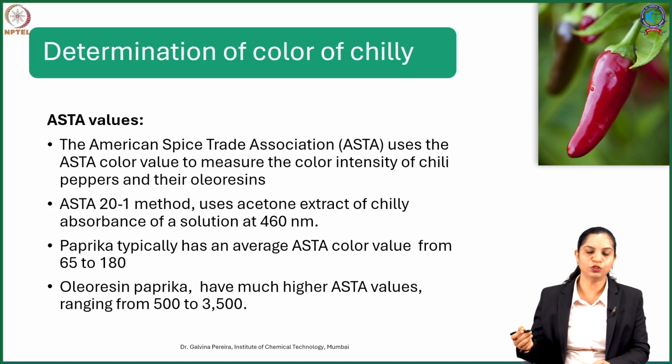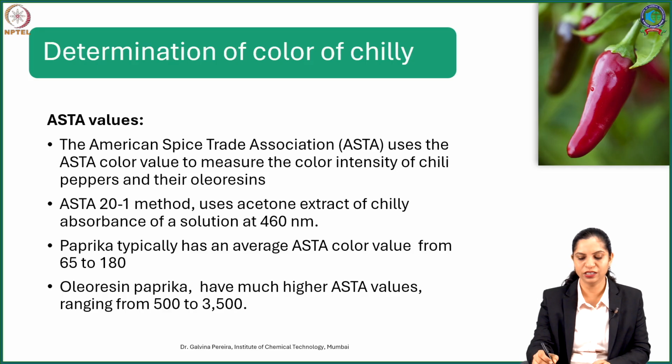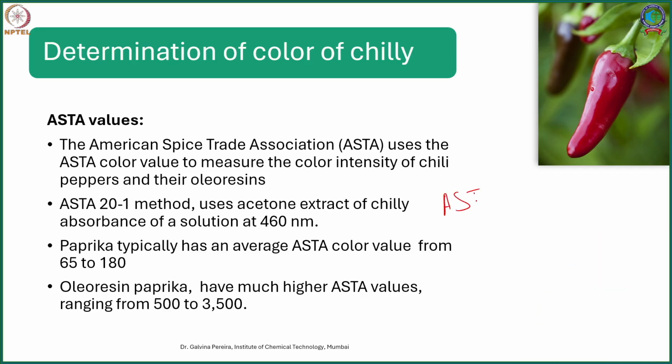Now when you see the absorbance at 460 nanometers, your ASTA value is calculated as absorbance into 164 into your UV correction factor, referred to as IC, divided by the weight of chili taken, often referred to as concentration.